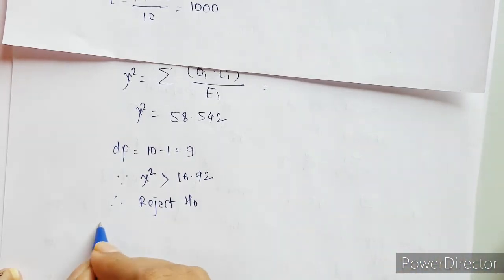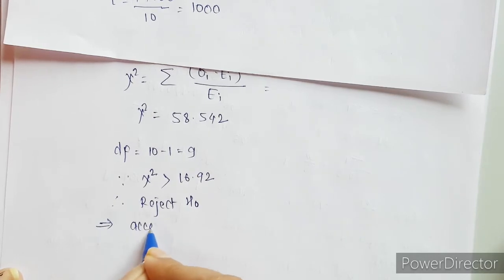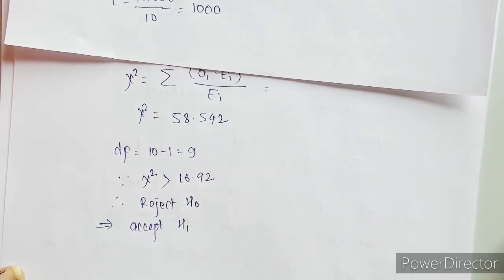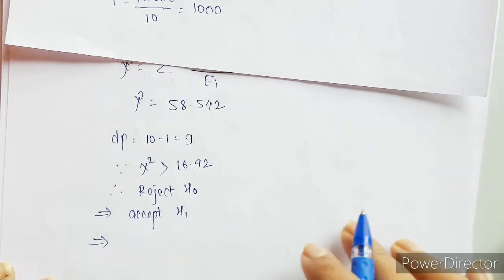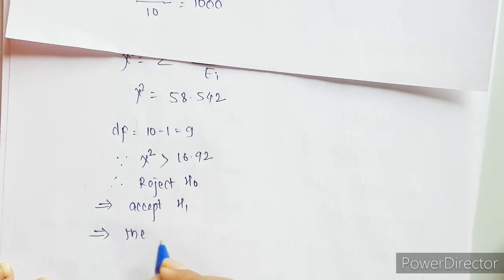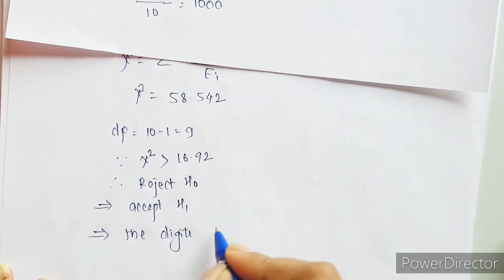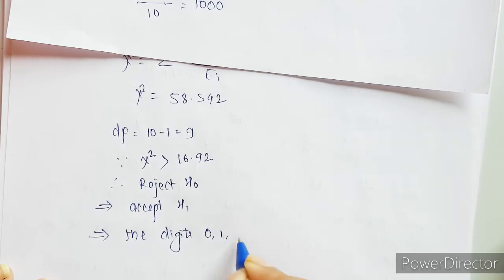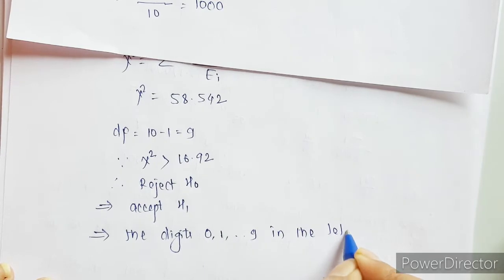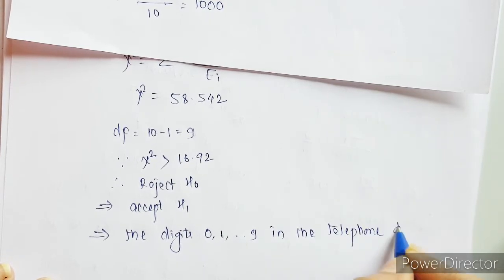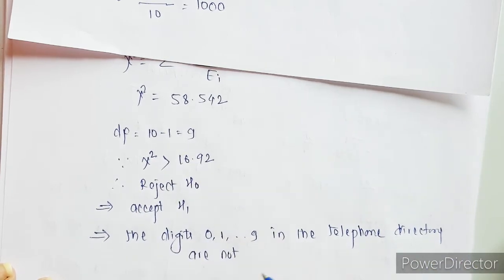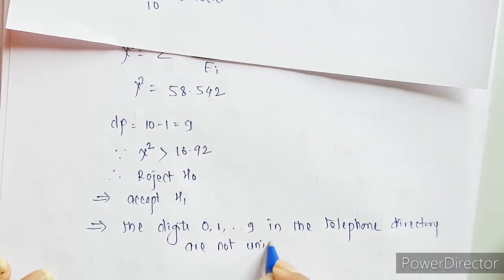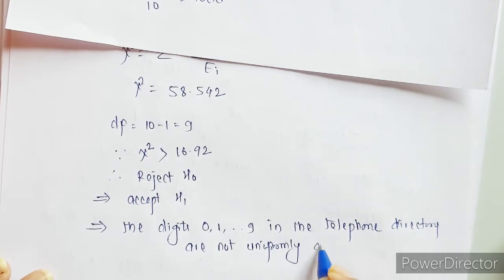Since we are rejecting our null hypothesis, this implies we have to accept the alternate hypothesis. This concludes that the digits are not uniformly distributed. This implies the digits 0, 1 till 9 in the telephone directory are not uniformly distributed.